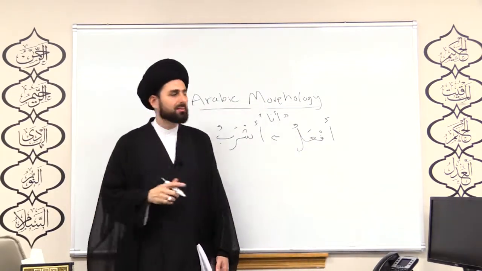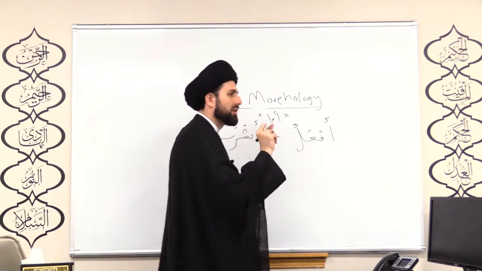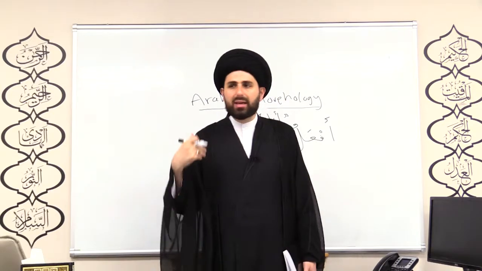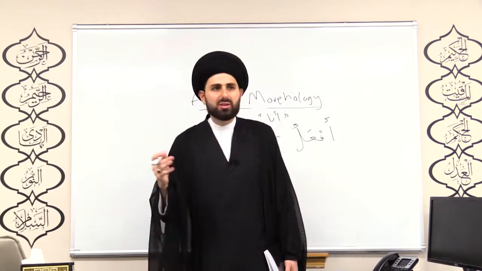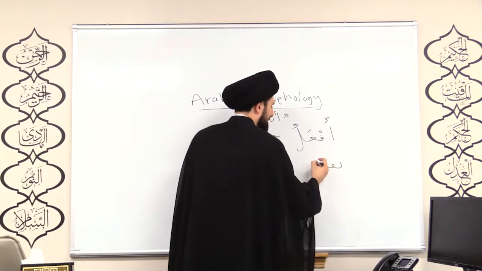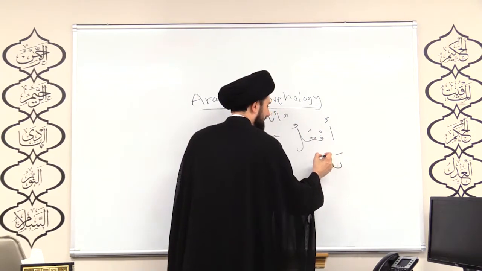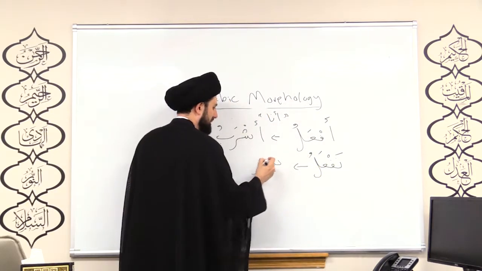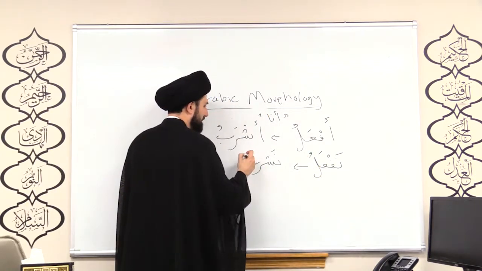The 14th and last form is what? We. In order to change fi'l al-mudari' to we, to make it plural first person, because this is singular first person, instead of the alif put what? Noon. Naf'alu, and the example is nashrabu.